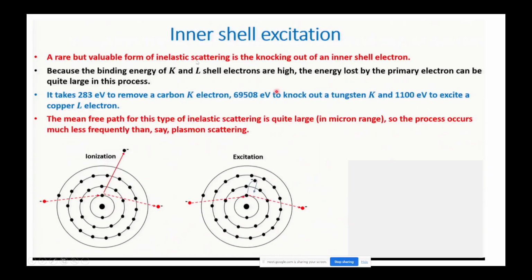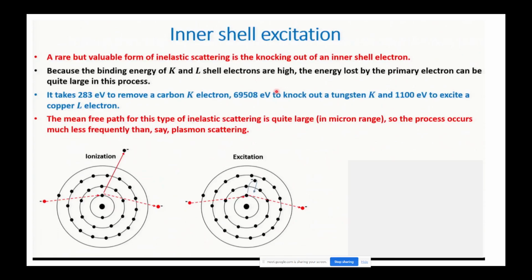A rare but valuable form of inelastic scattering is the knocking out of an inner shell electron. So when the binding energy of the K shell, L shell, M shell electrons is high, the energy lost by the primary electron can be quite large in this process.